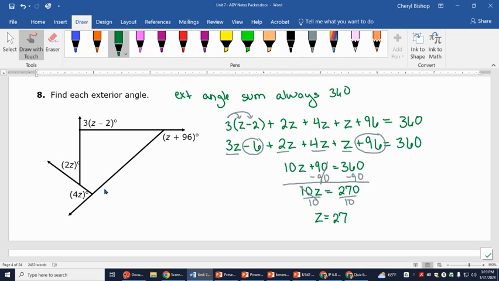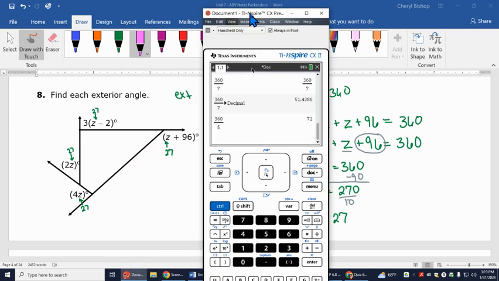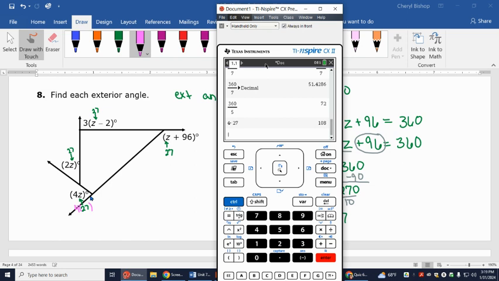It asked me to find each angle. So I have to come in here into each of these z's, and I have to substitute in a 27. So let's do that and find out how big all of our angles are. I'm going to grab myself a calculator. For this first angle down here, it's 4 times 27, which is 108 degrees.